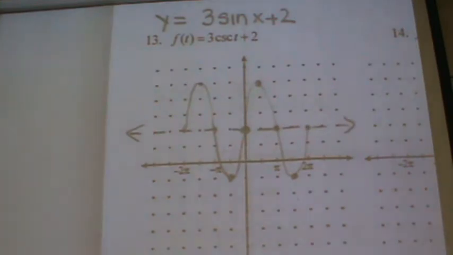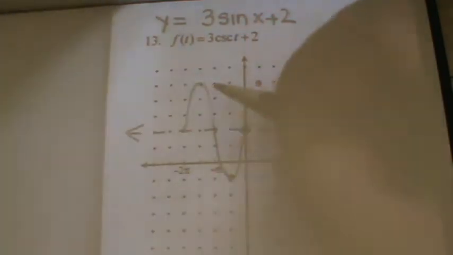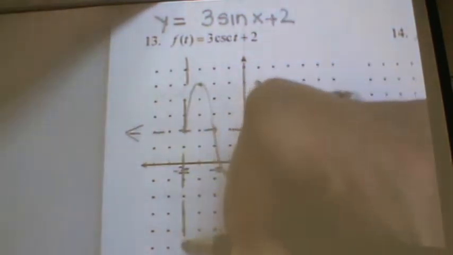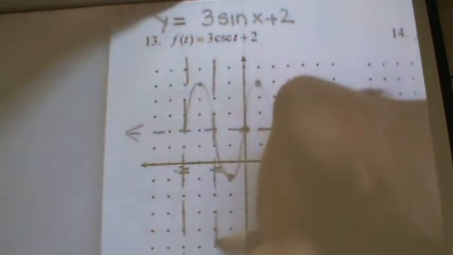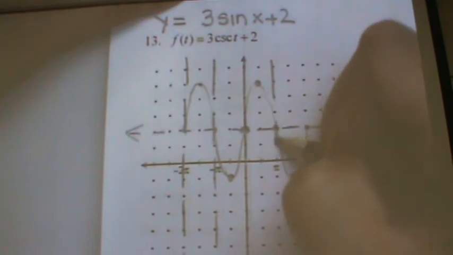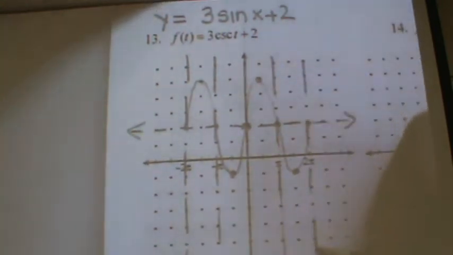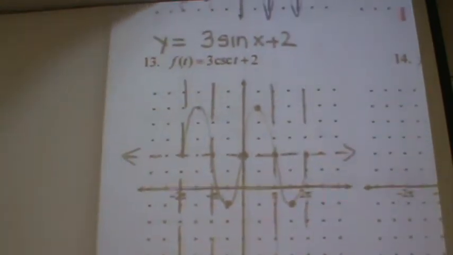Okay, so now what? Where are your asymptotes? On the line. At negative 2 pi, negative pi, 0, every pi. And now what does your graph look like?